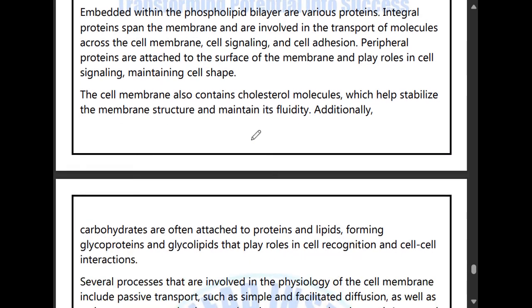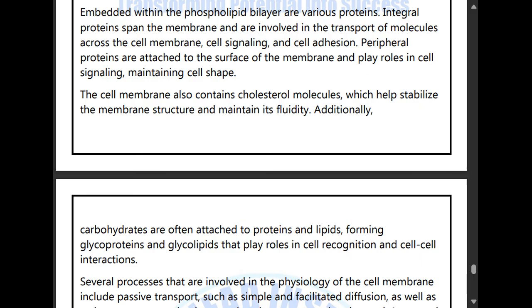The cell membrane also contains cholesterol molecules. Cholesterol helps stabilize the membrane structure and maintain fluidity, so the fluidity of the cell membrane is dependent on cholesterol.